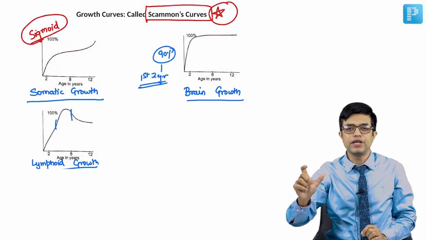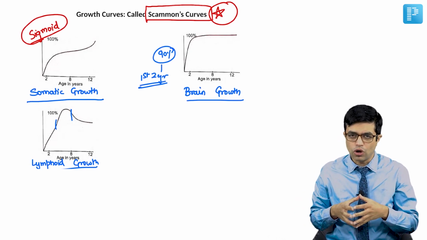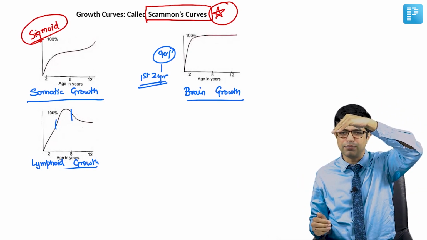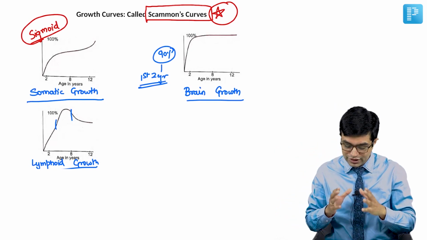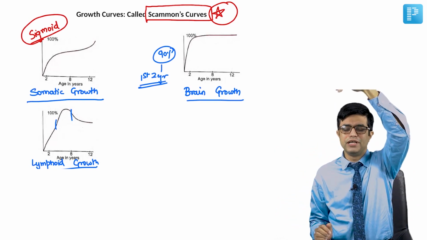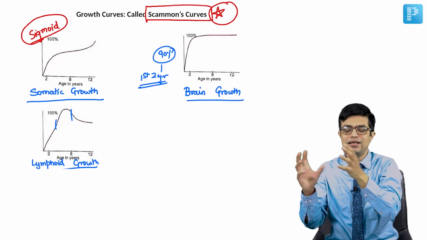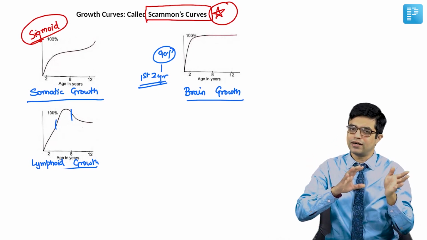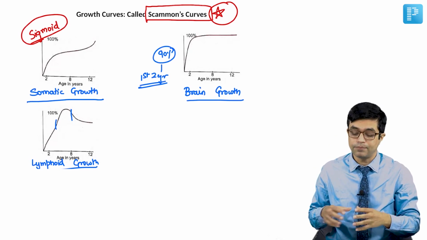This is the time during which palpable lymph nodes even in normal children are very common, and after 8 to 10 years the lymphoid tissue starts to regress a bit and then becomes stable, and adult values are attained. Some regression happens mainly in the nasopharyngeal and pharyngeal tonsils, and in other tissues it becomes static. That is known as the lymphoid growth pattern.